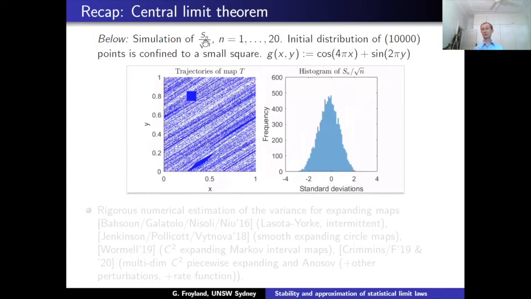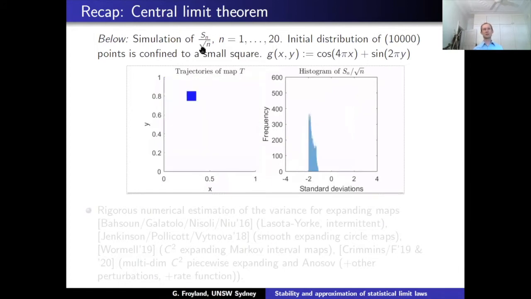To illustrate that, we need a distribution. So here I'm distributing 10,000 points in a square in my torus. This is my torus, and here's my G. G ranges from values -2 to 2, and I chose this square to be somewhere near the minimum.